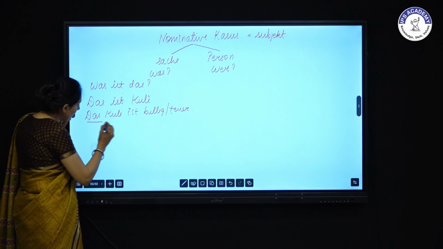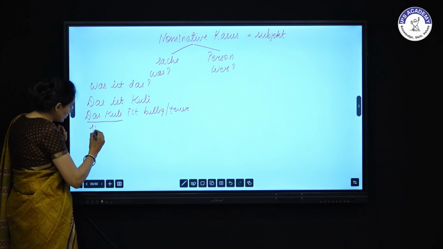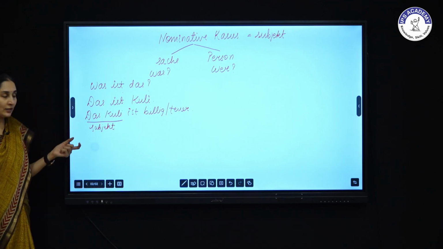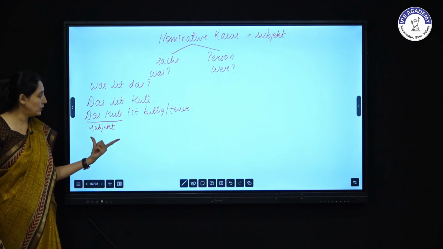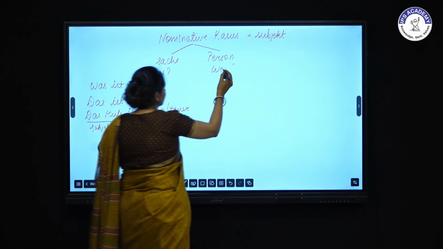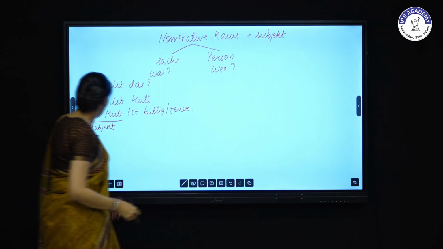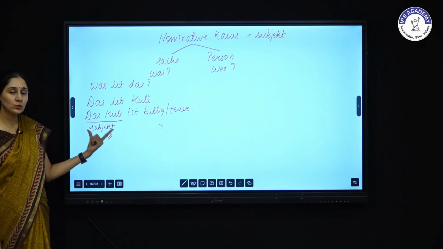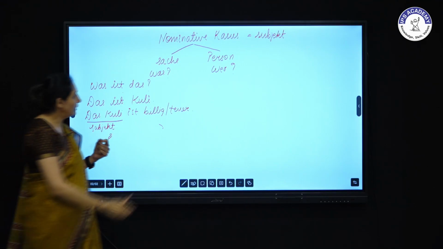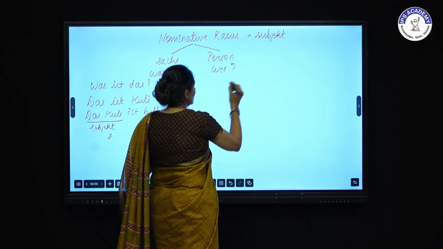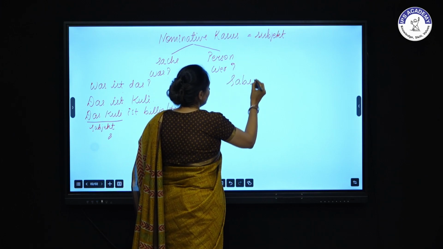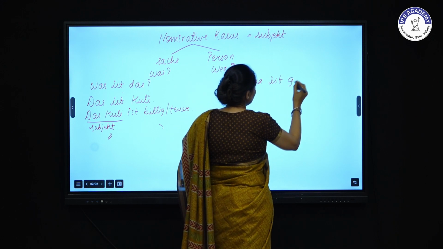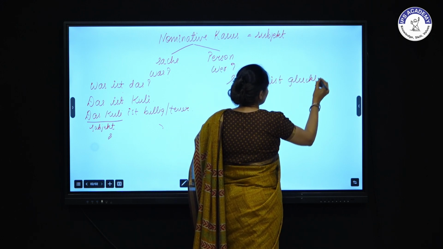So here, what is that? This is your subject and this is your nominative case. Your subject is the nominative case. Okay. Der Kuli ist billig, that is teuer. Der Kuli is the subject. When it comes to wer, that is a person, we take it as Sabina ist glücklich or Sabina ist ledig.